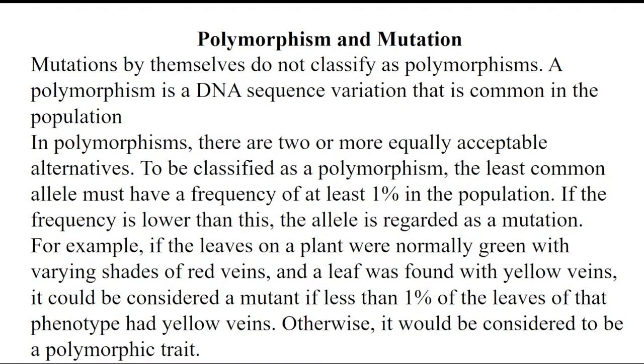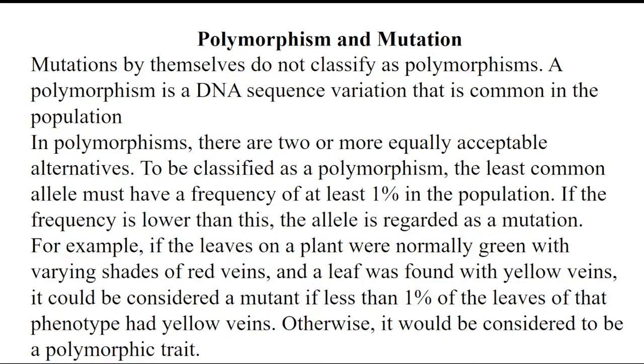If the frequency is lower than this, the allele is regarded as a mutation. So students, we call the mutation a genetic polymorphism if the frequency of this mutation is more than 1% in the population. If the frequency is less than 1%, we call these changes of DNA rare mutations.